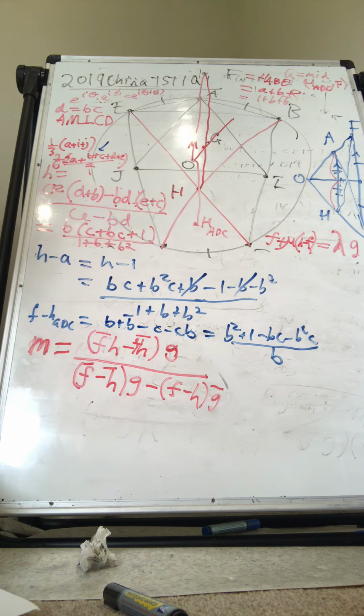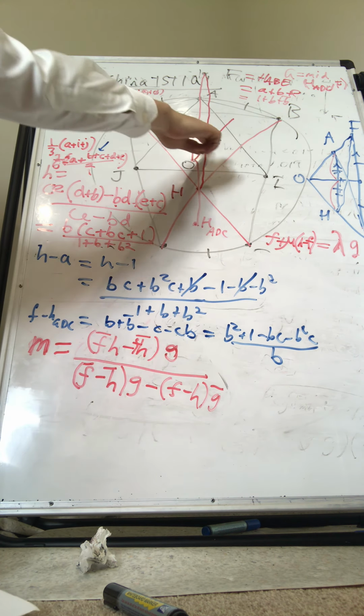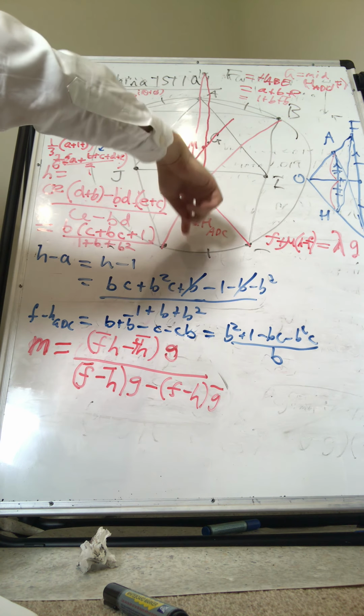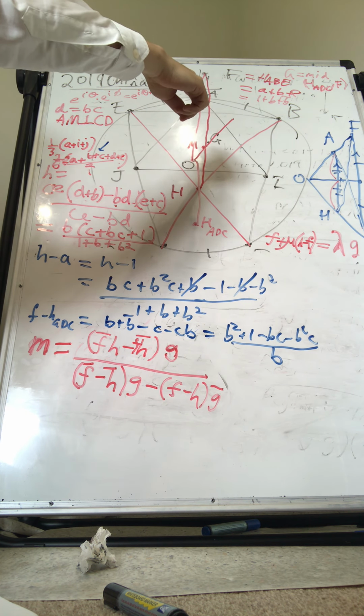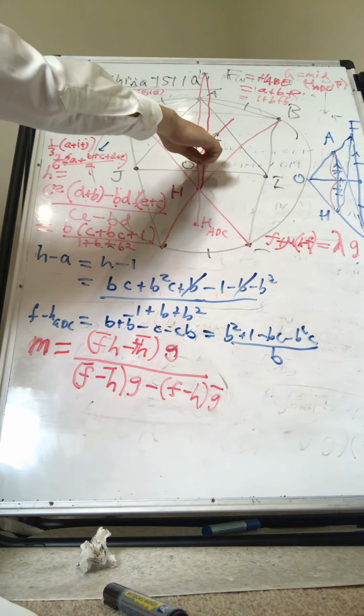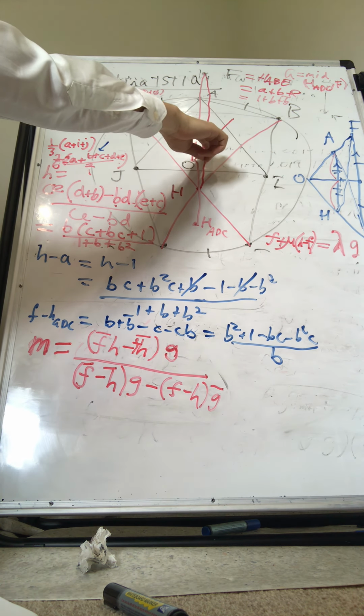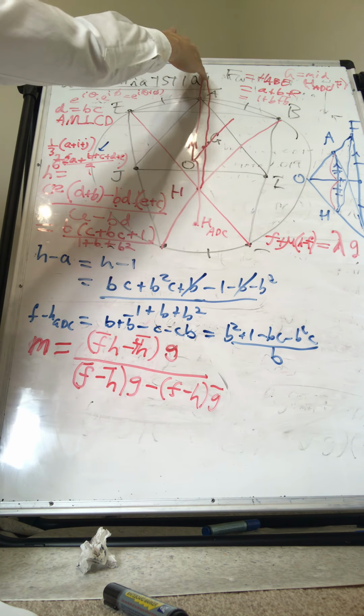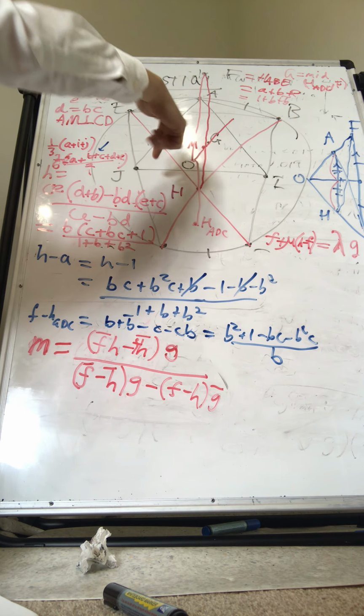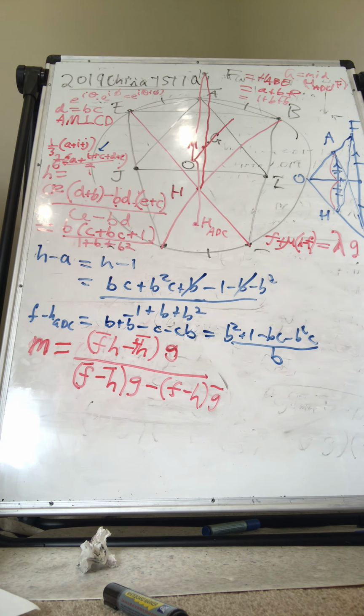Because M is the intersection of FH and OG, but for it to be true, it has to also be the intersection of A to the orthocenter and OG. So finding the point where the orthocenter line intersects OG is much easier.